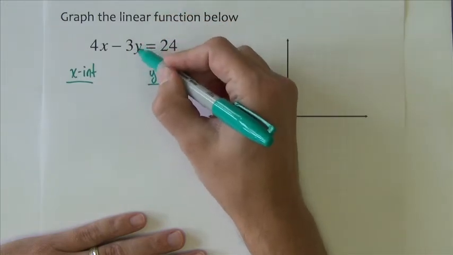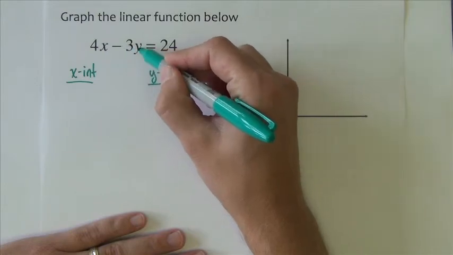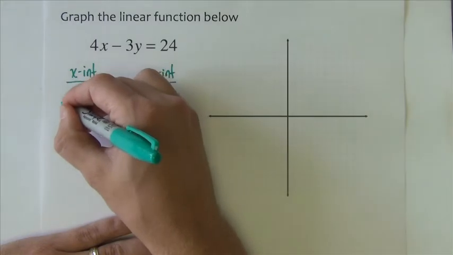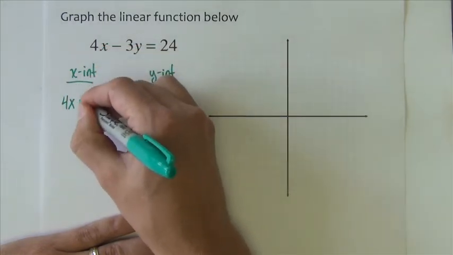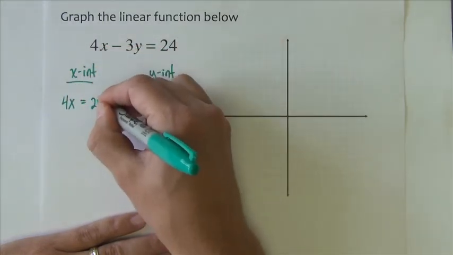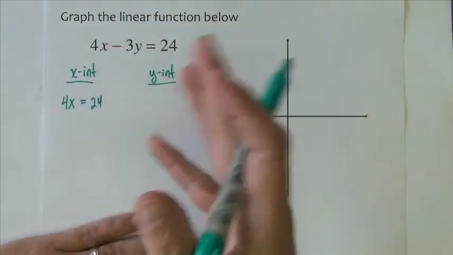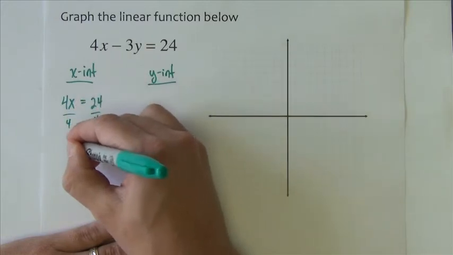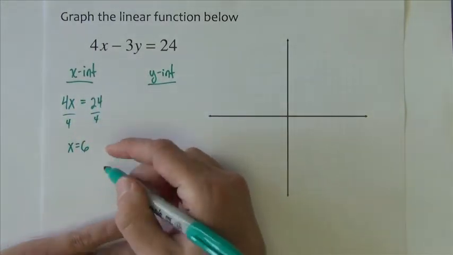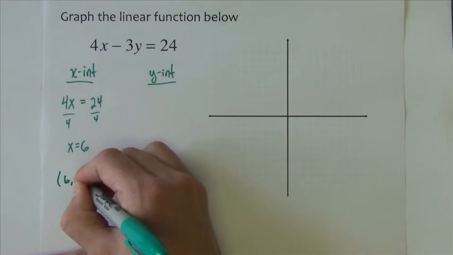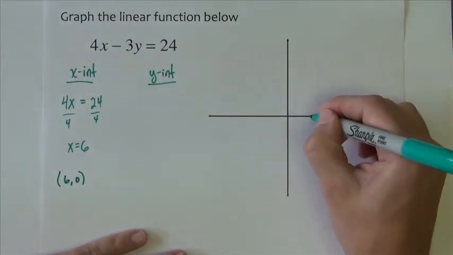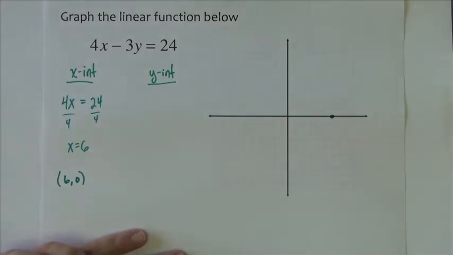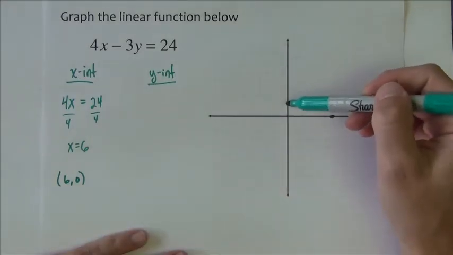If I put 0 right here, then -3 times 0 just goes away. So to find the x-intercept, I simply take the x part and set it equal to 24, as the y part goes away. If I divide by 4, you get x equals 6. So the x-intercept is the point (6, 0). Conversely, the y-intercept is found the same way.